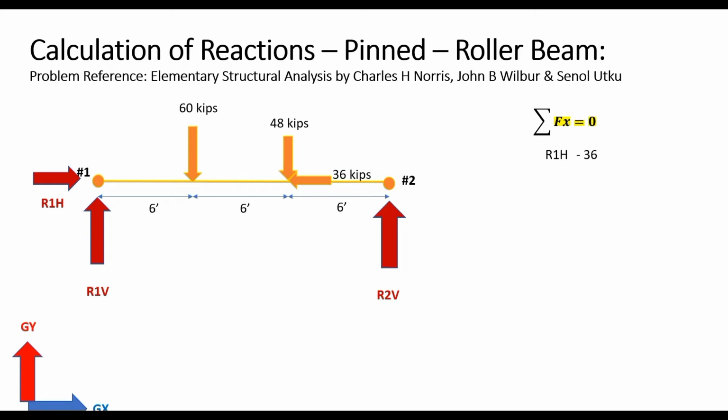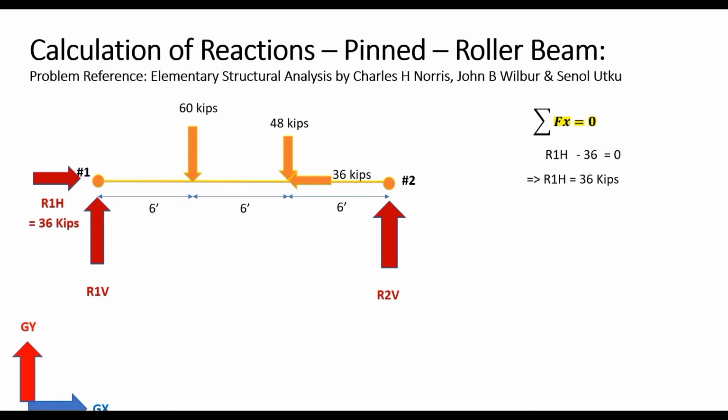If we sum that up, it would be equal to 0, which would mean that the value of R1H is equal to 36 kips. This means that the assumed direction of the horizontal reaction is correct, and that is why we get a positive value for it.